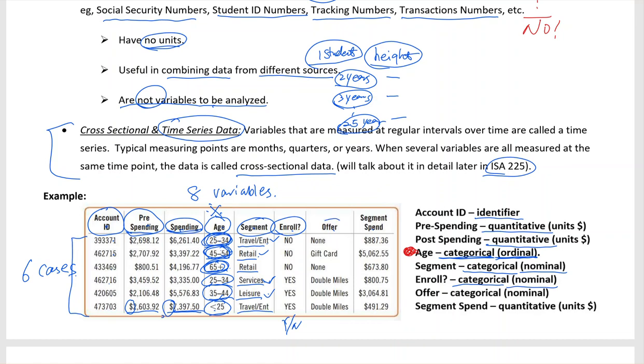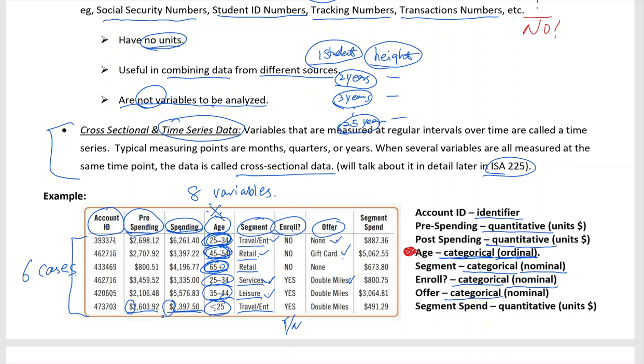Next, offer. Is there any offer? It can be a gift card, or double miles, right? So it would be what kind of offer is offered. Totally three categories: either no offer, or you get a gift card, or it provides you double miles. So it will be a categorical variable again.